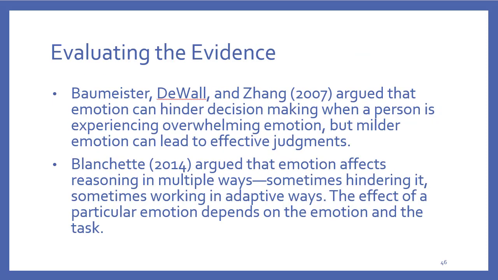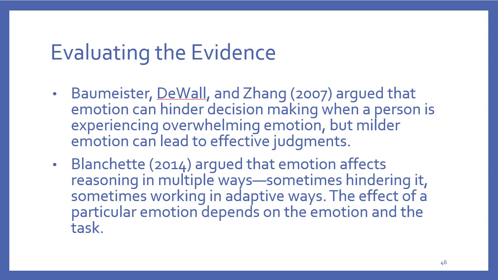So now we have some evidence that says that when emotion is really, really high and they're overwhelmed by it, then they can't make decisions. But there is an adequate amount of emotional dysregulation that is okay for increasing thoughtfulness. So with things like performance and stress, there is an optimal level of stress that you need in order to perform well or to make decisions well. If we have too little emotion, then we tend to not make decisions rationally.